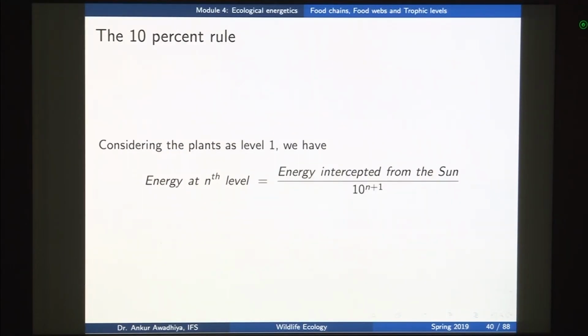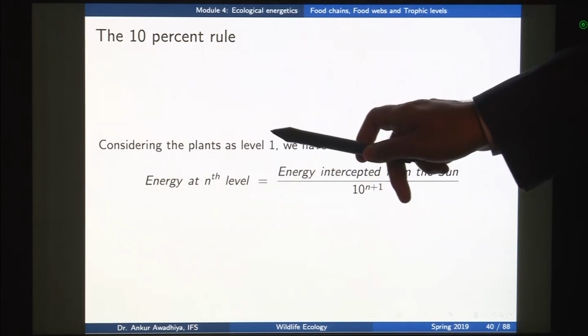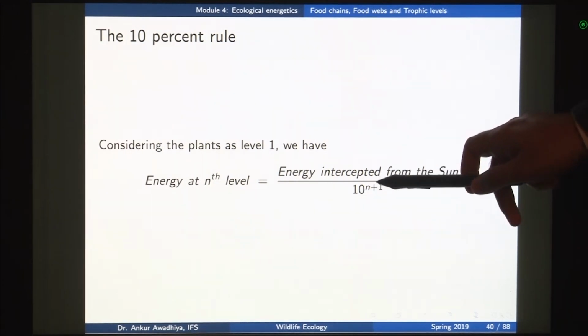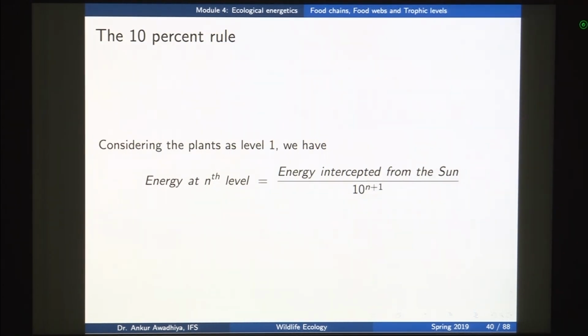We can also express this 10% rule in the form of an equation. If we consider plants at level 1, the energy at the nth level is given by the energy intercepted from the sun divided by 10 to the power n plus 1. So, at the level of the producers, you will have the energy intercepted from the sun divided by 10 to the power 1 plus 1, which is 10 to the power 2, which is 100.